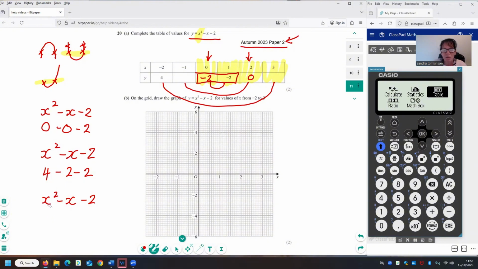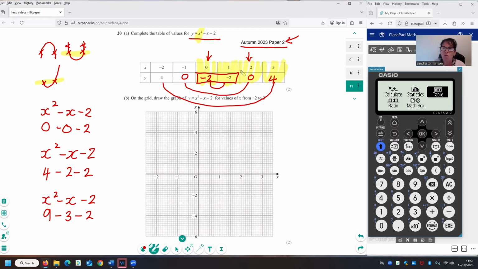So x is 3. 3 squared is 9. Minus 3 minus 2 does give us 4, as we were expecting. Now we try and avoid doing the negative numbers if we can. Here we can see that this one is going to be 0 because it's an x squared, it's a quadratic graph, so they must match.